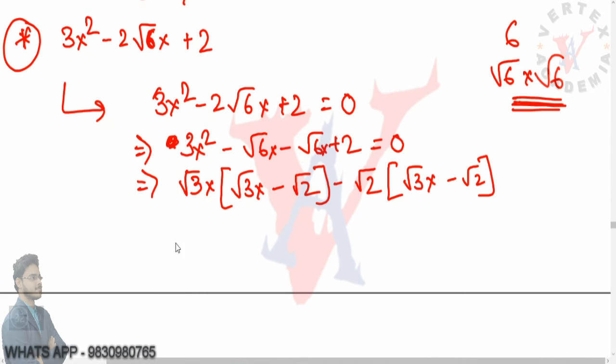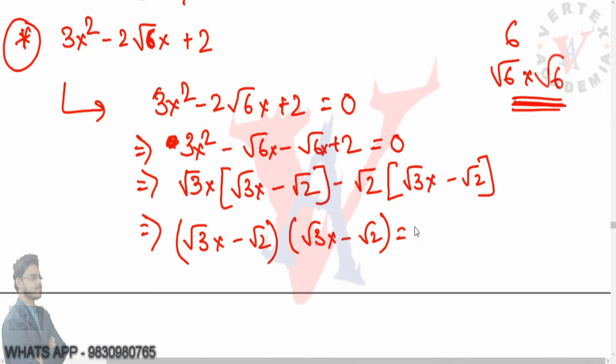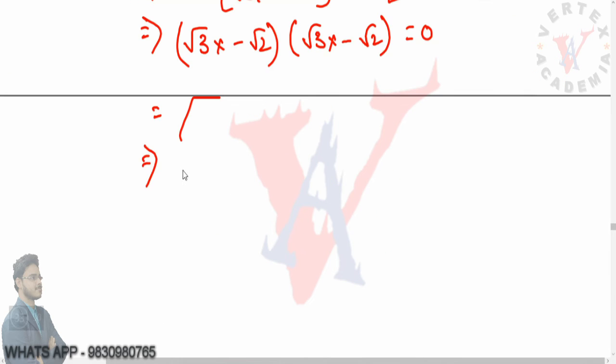So this is actually a whole square one. Root 3 x minus root 2 into root 3 x minus root 2 equals 0. So this implies root 3 x minus root 2 whole square equals 0.